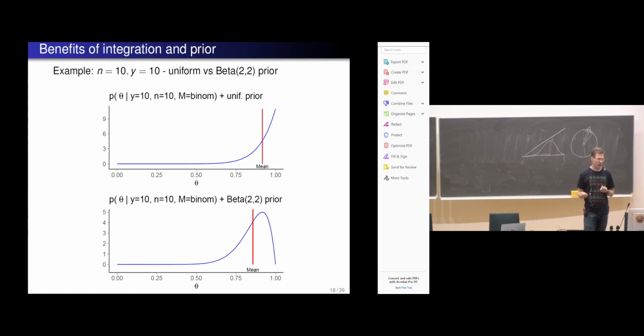A specific example where this kind of prior information would be important and just the integration is not that helpful would be rare diseases. There's some rare disease and we go to a new country. We observe 1,000 persons in a new country and none of them has this rare disease.